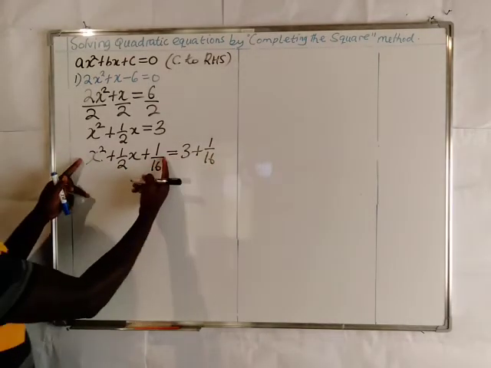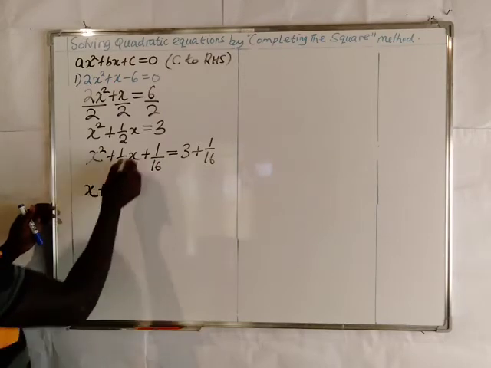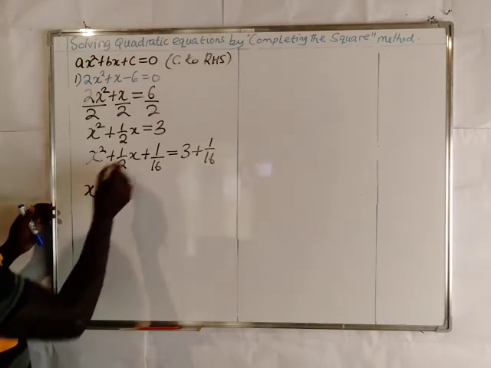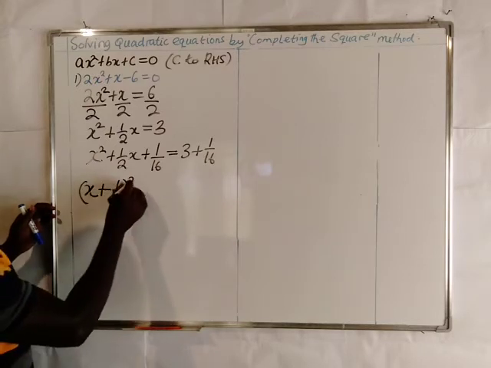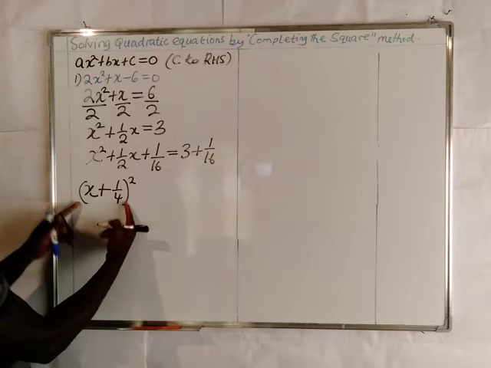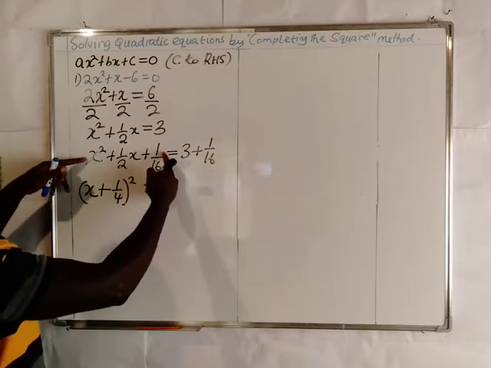Factorizing the left-hand side, we have x plus half of the coefficient of x, which is 1 over 4, then we square it.